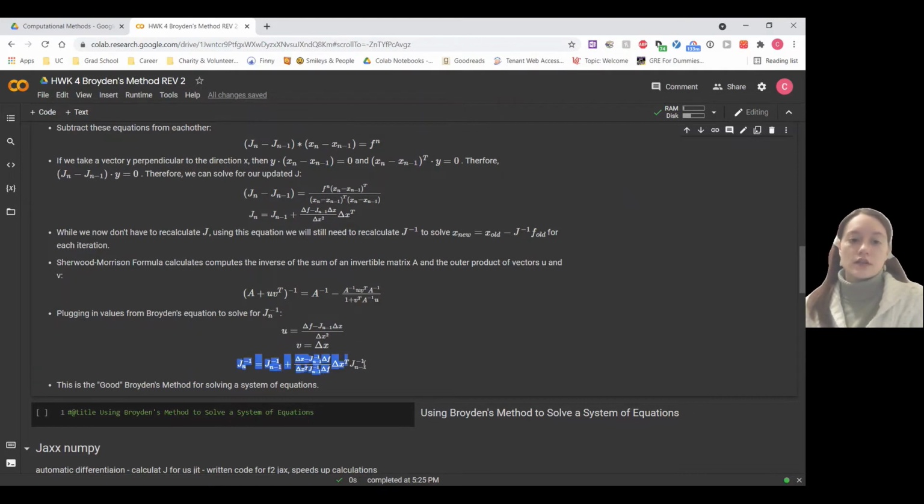So overall, this equation here is referred to as the good Broyden's method, which we can use for solving a system of equations.